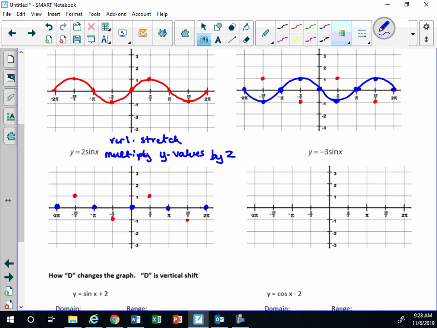Where are they going to end up? +2, yeah. They get taller. What about those that are at -1? -2. All right. There's your graph. Questions on that one?